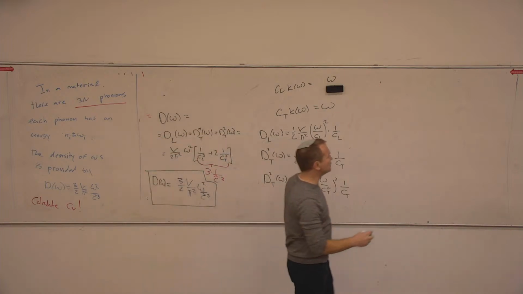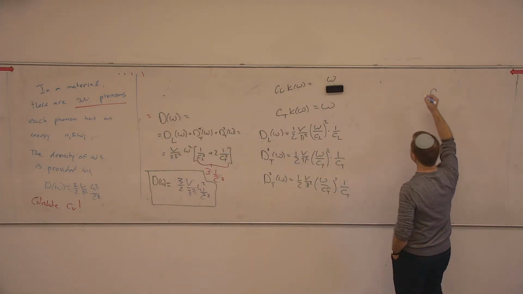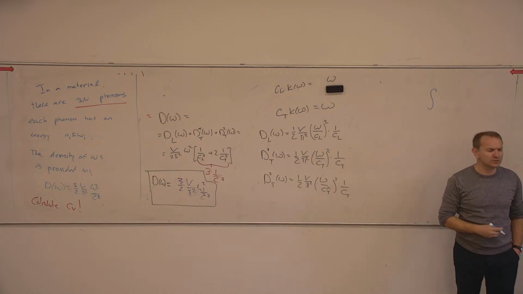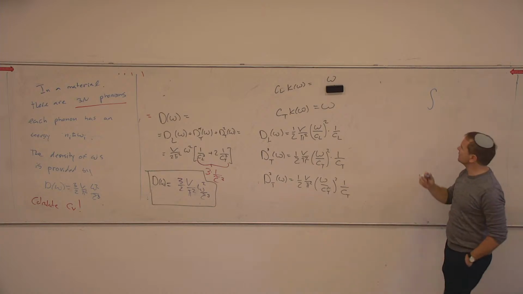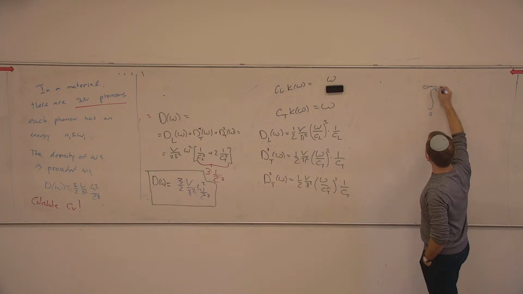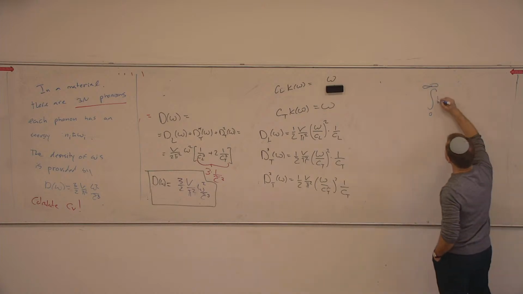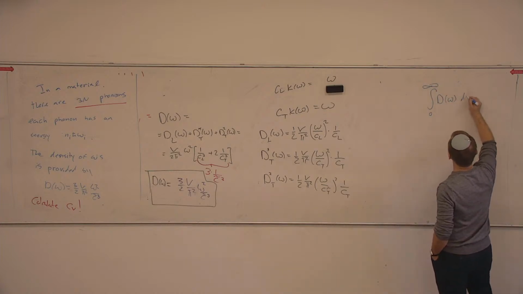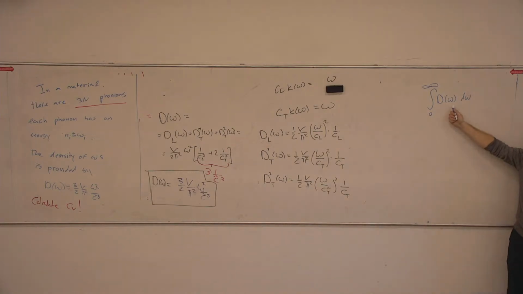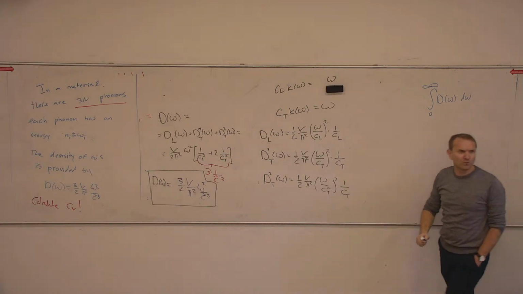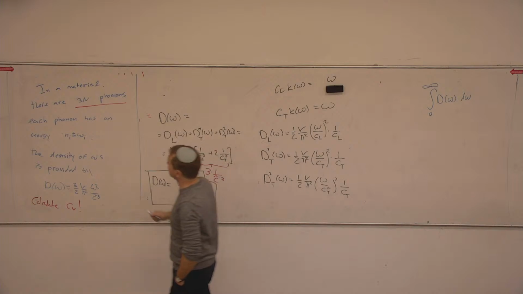Because I know the following thing: when I integrate over all the possible omegas that I have inside, starting from 0 and going up to infinity, g(omega) d omega, I should get the total number of omegas that there are inside the system. And what is the total number of omegas inside my system?